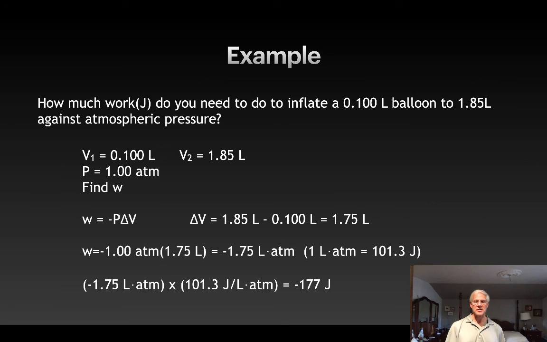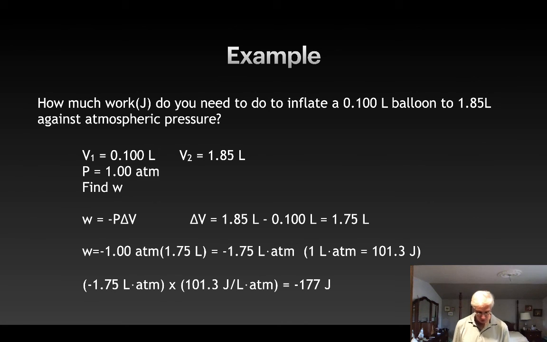Okay, and 1 liter atmosphere is also equal to 101.3 joules. So we can take our 1.75 liter atmospheres, that's my pressure times my change in volume, I get 1.75. Convert that into joules, which is 101.3 joules per liter atmosphere, and we end up with negative 177 joules.